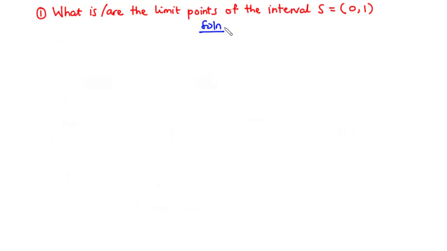Now to solve this question, in the previous section, we got to understand that a point A is said to be a limit point of a set if the delta neighborhood of that point A intersection the set in question contains infinitely many points. Now we have the set in question to be the set S, which is given by the open interval 0, 1.